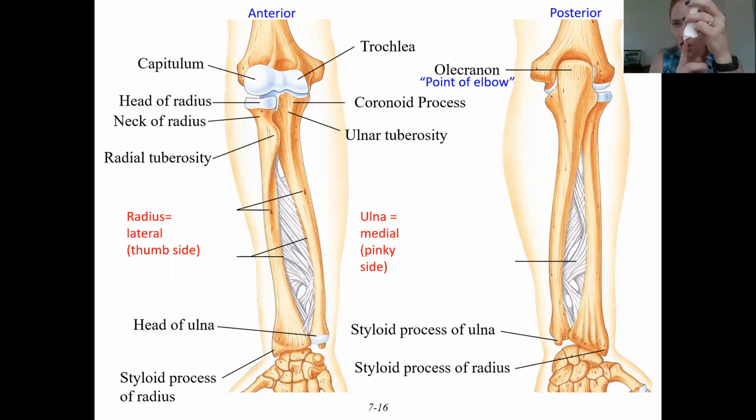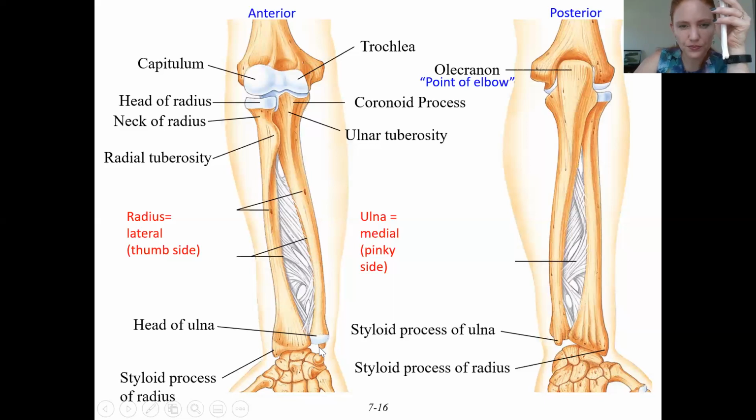So here on the radius, this part that's sharper that sticks out, that is called the styloid process. Okay, so there's the styloid process on the radius, and then the ulna also has a styloid process on the distal end as well.